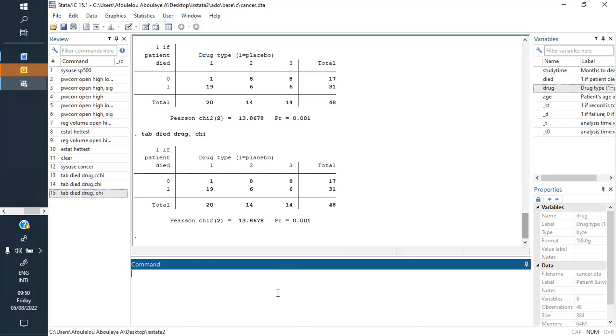Yeah, sometimes you can replace chi-square test with Fisher test, because chi-square test is a parametric test, and before even proceeding with chi-square test, you should respect some conditions, like you should be having enough observations.